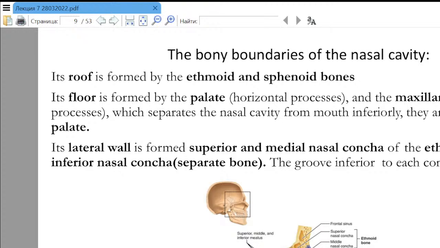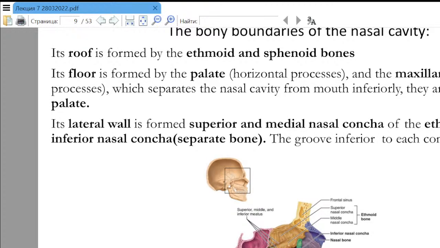Superior meatus, middle meatus, inferior meatus. You see three conchae: superior concha, middle nasal concha, and inferior concha. What do you see? Nasal cavity.